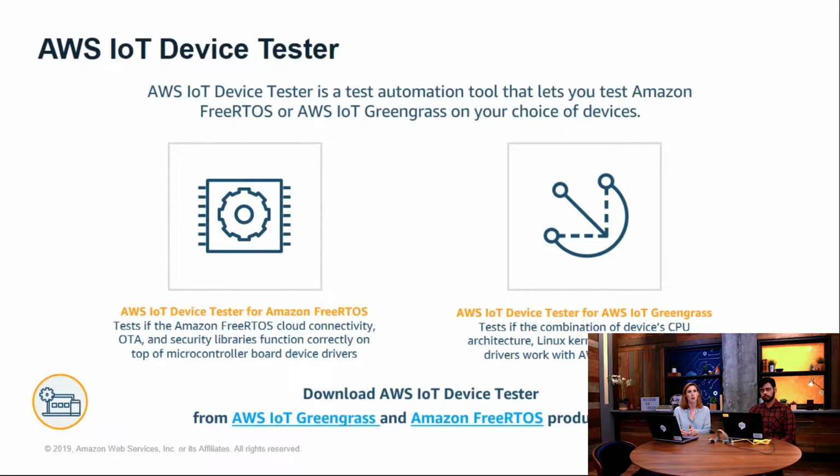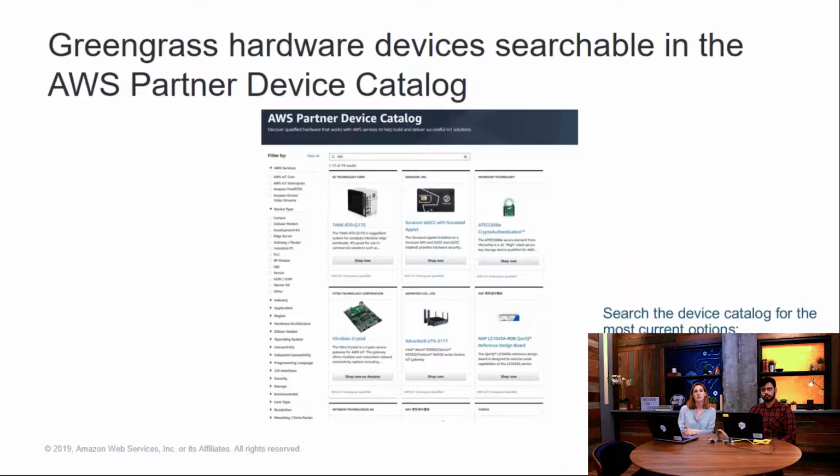So if you have a question about whether or not a hardware device you have can run Amazon FreeRTOS or AWS Greengrass, you can download the AWS IoT Device Tester tool and run that tool on your laptop, communicate with the device that you'd like to run Greengrass on, and figure out whether or not it has the necessary requirements. If you don't want to go through the testing process, we also have devices listed in our Partner Device Catalog, and that includes information about device specifications themselves and the versions of Greengrass that they've been qualified for. So I'd encourage you to go check that out.